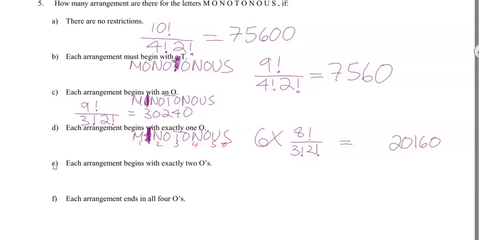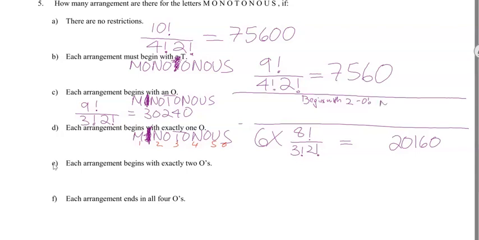So if we want to begin with exactly one O, what we don't want to do is begin with two O's. So let's squeeze this in here. Say begins with two O's, which means two O's or three O's or four O's, right? So let's write out the letters.